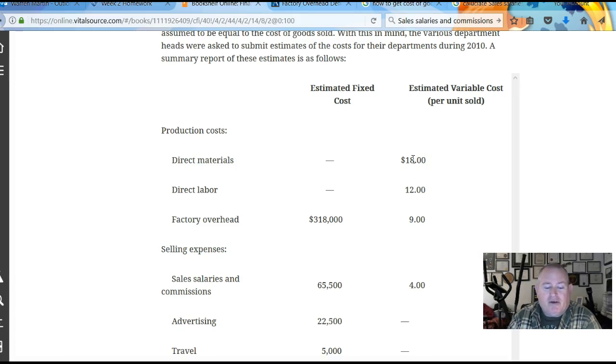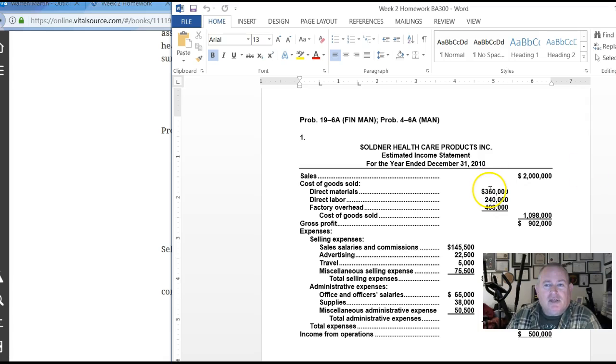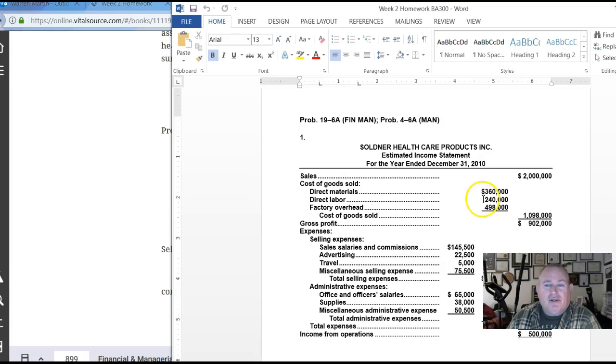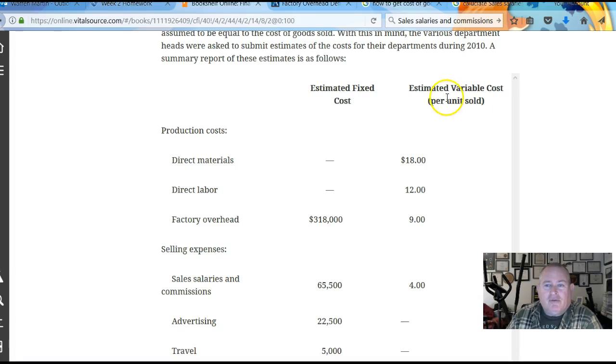So we do our calculator, and that gives us the 360. So that's where you got that 360. Same thing with the labor. You've got your labor at 12 times the 20,000, and that gives you the 240. And again, right there, you've got the 240. This column here is your variable expenses and your estimated fixed cost.